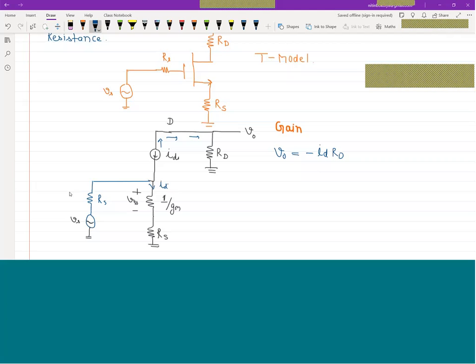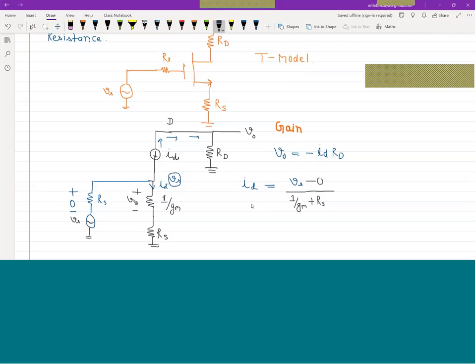If this current is equivalent to 0, because the gate is isolated from the device, then the potential at this point is Vs. So can I say the current ID has the value Vs minus 0, divided by 1 by Gm plus Rs. So this is the value of ID here.